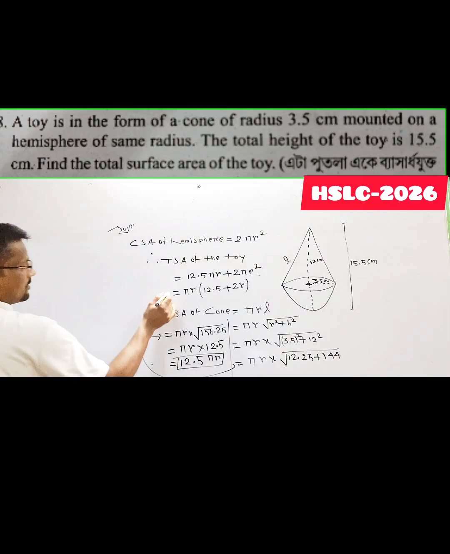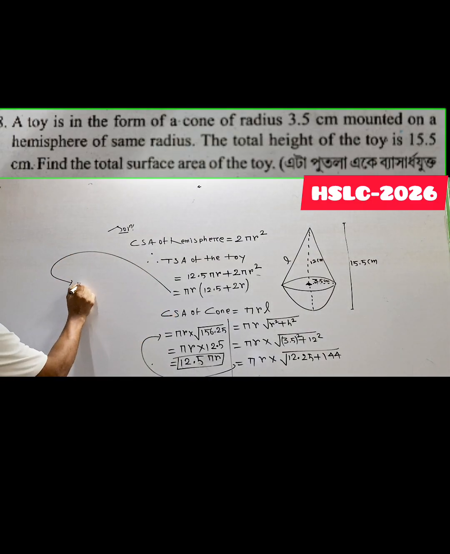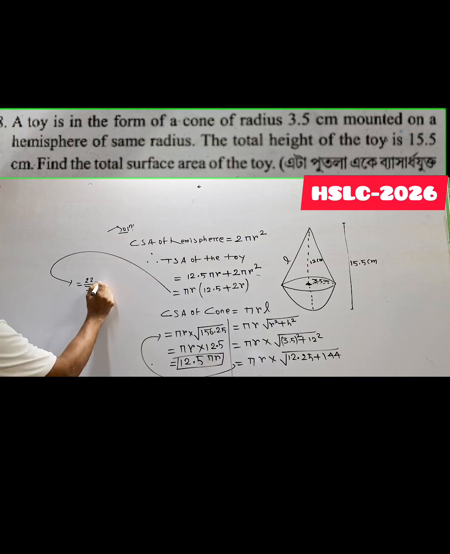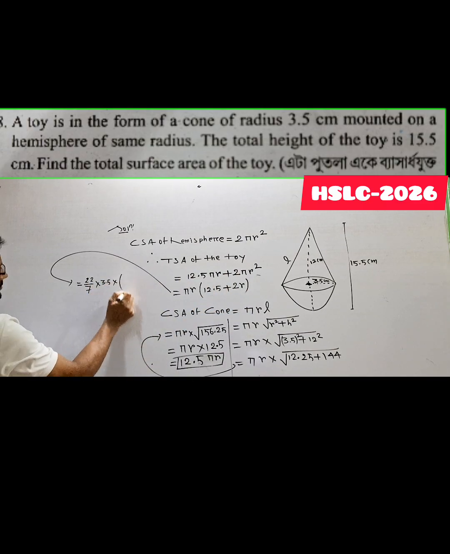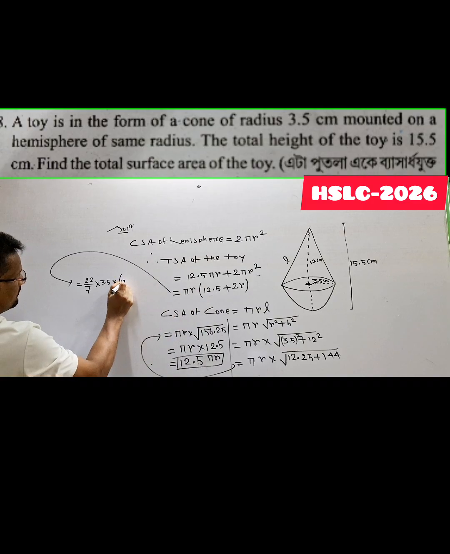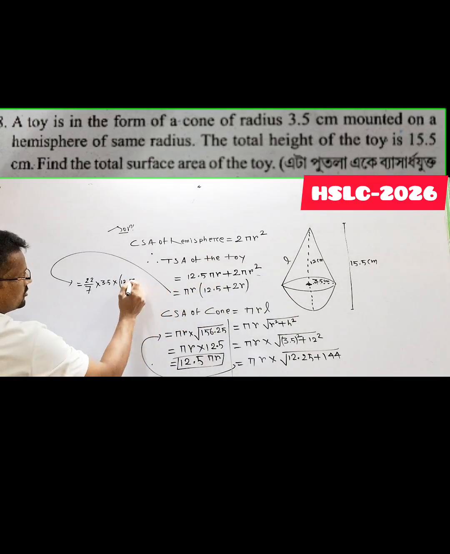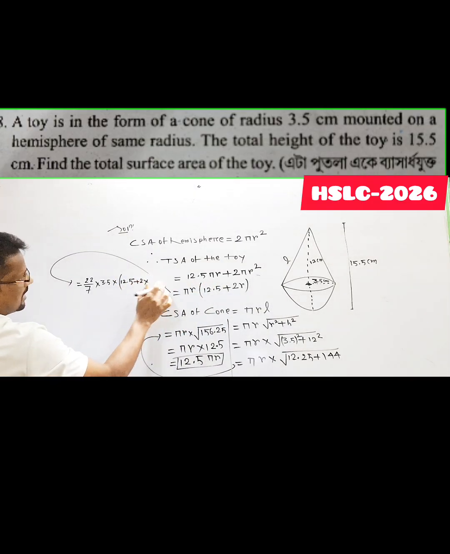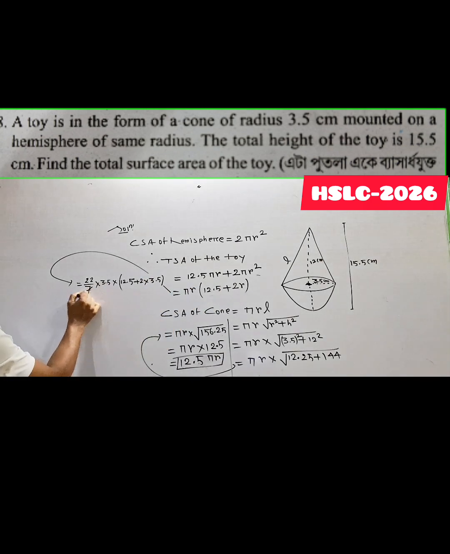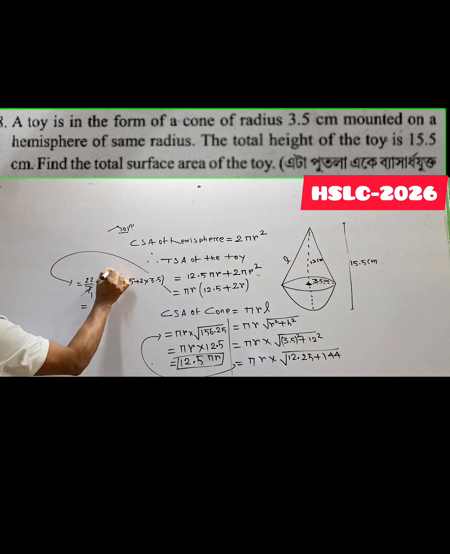So if we put the value, pi is 22 by 7, r is 3.5, into 12.5 plus 2 into 3.5. Now 7 ones are 7, here 0.5.